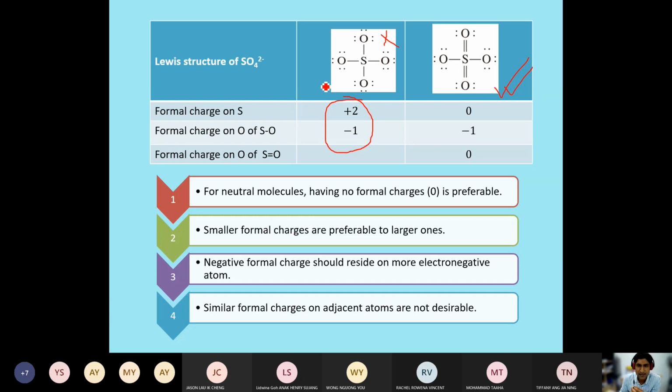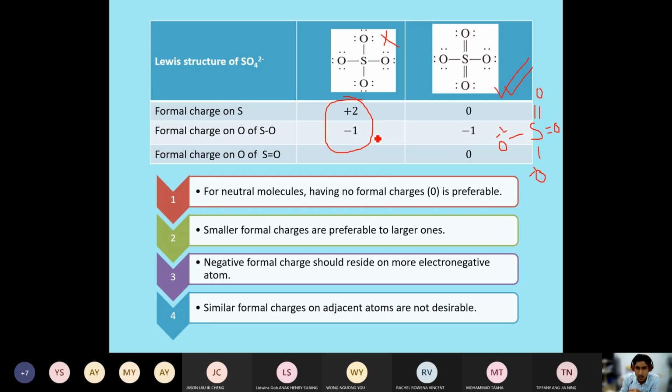But again, even if I would draw this structure, where should I draw it? If I would draw this structure in this way, S, and then this 2 is 0, O, this O, and there are 2 oxygen atoms next to each other, and each of them is carrying 1 charge, right?